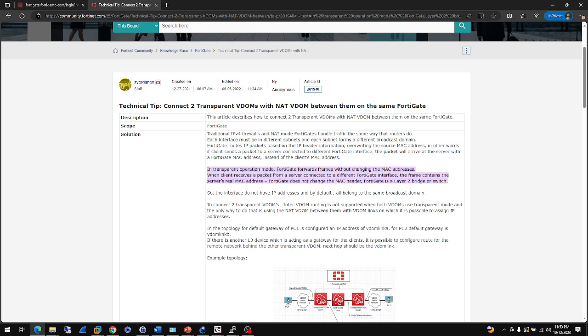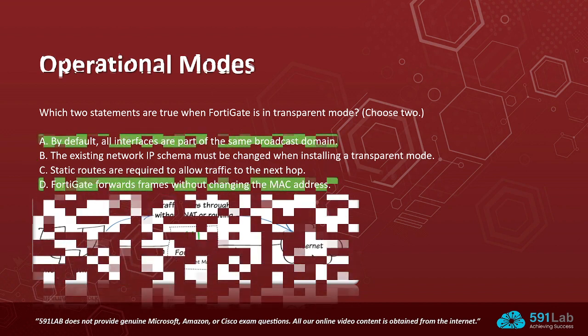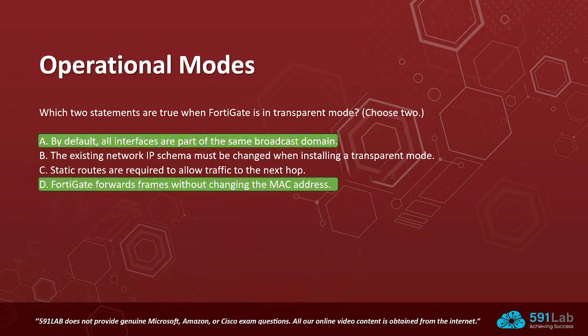FortiGate does not change the MAC address header. FortiGate is a layer 2 bridge or switch, as I told you on the other options. So our answers are option A and option D. Great. Let's continue.